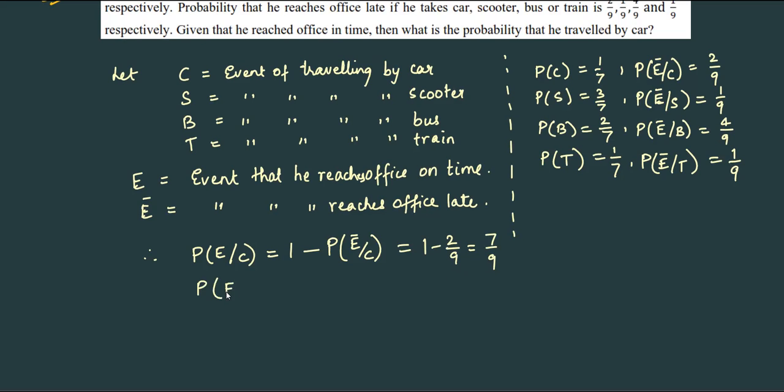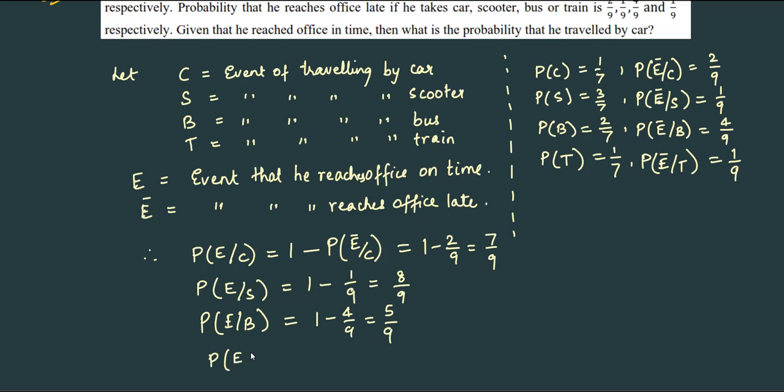Probability of E given S similarly is 1 minus 1/9, which is 8/9. Probability of his going on time by bus is 1 minus 4/9, which is 5/9. By train is 8/9.